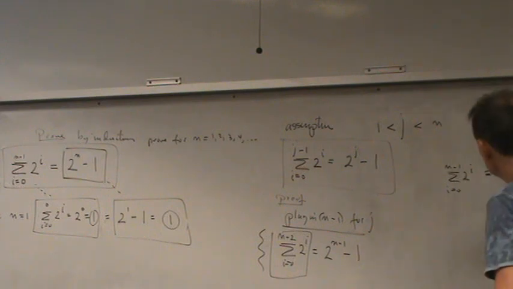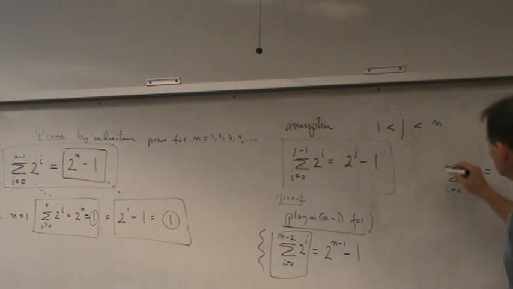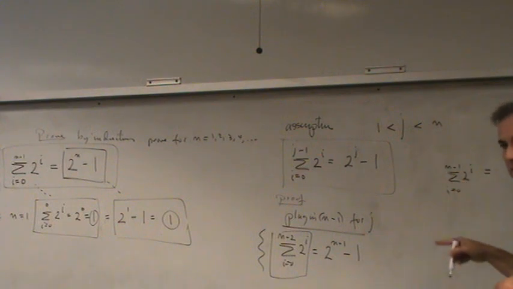So I am missing which term? From the proof, I'm missing the value when I goes to n minus 1.